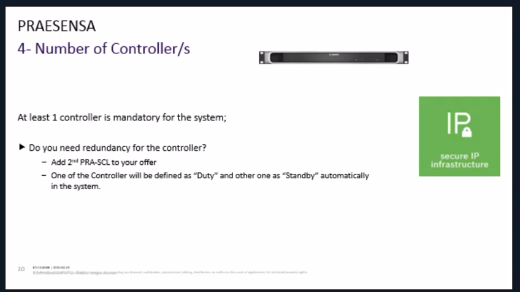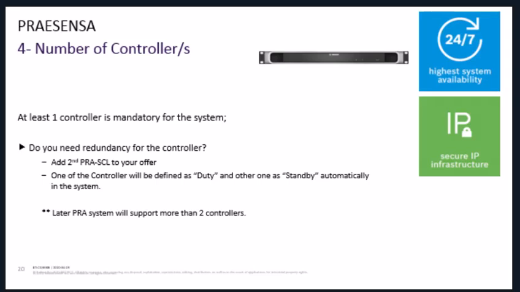One controller will be defined as the duty controller, or main controller, and the other one will be standby automatically in the system. If you need more controllers, later the PRAESENSA system will support more than 2 controllers, so you can always follow developments with your local Bosch teams or your local MKR. And of course, this redundancy will give good system availability to your PRAESENSA system.